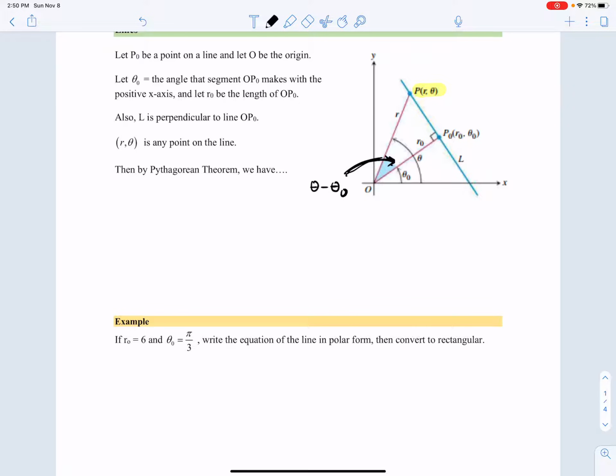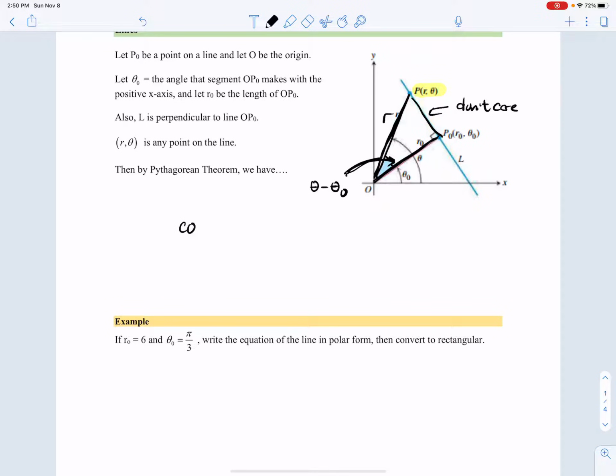If I just focus on this triangle, I can write, now I don't care about this side, but I do care about the r0 because that's given in the problem essentially, and this is the length of r.